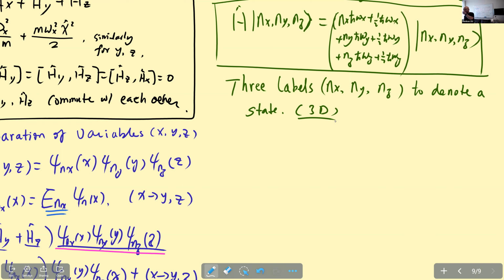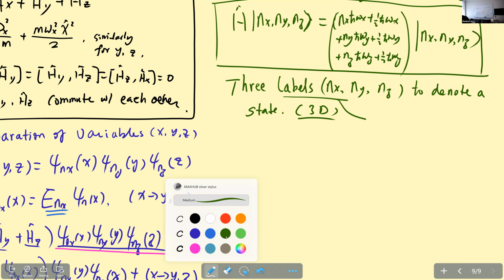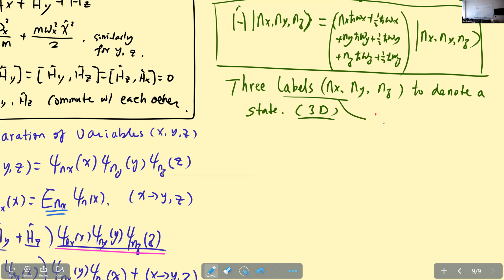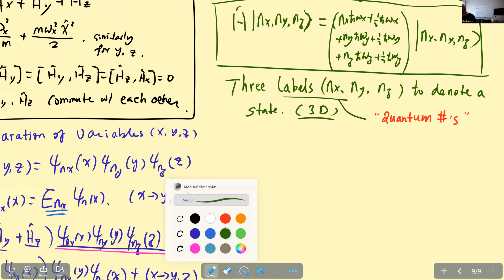You can see that this problem is simple because it's just composed of three independent one-dimensional problems, right? So each one has one quantum number. So we call these labels quantum numbers.